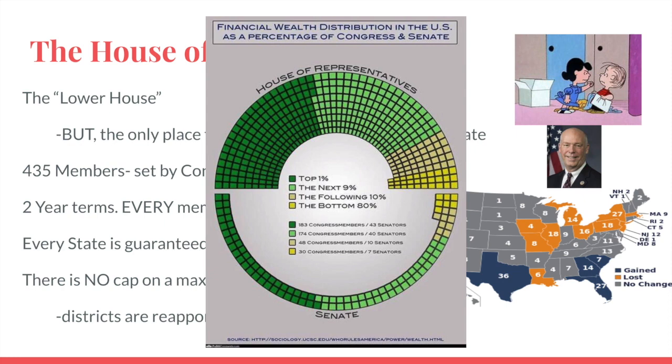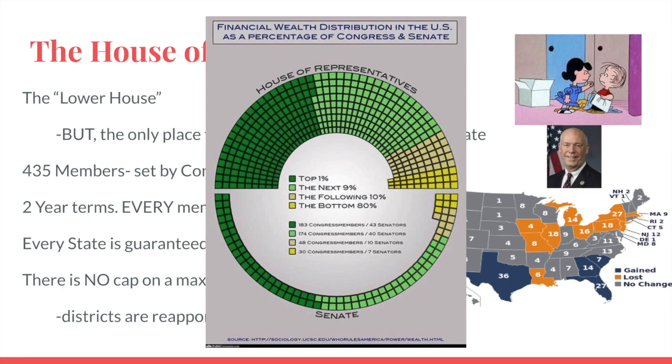So dark green there is the top 1% of all earners. There are 183 congressmen that fall within there. Then light green and dark green are the top 10% of all earners. So you're looking at another 174 congressmen there. And then tan is adding in another 10%. So we are looking at all but 30 Congress members are in the top 20% earners in the United States.